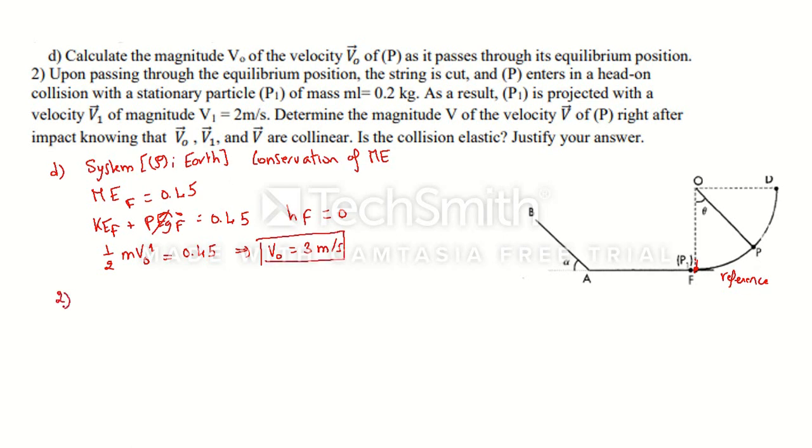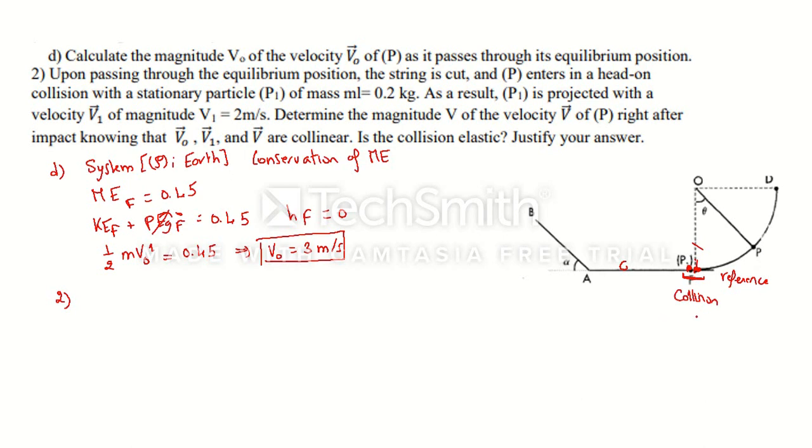Part 2. Upon passing through the position of equilibrium, the string is cut. So now this string is cut and P enters in head-on collision with the stationary particle P1 of mass M1 equals 0.2 kilogram. So this means I have another particle which is P1, and this particle P enters with a head-on collision. So here we have a collision now.